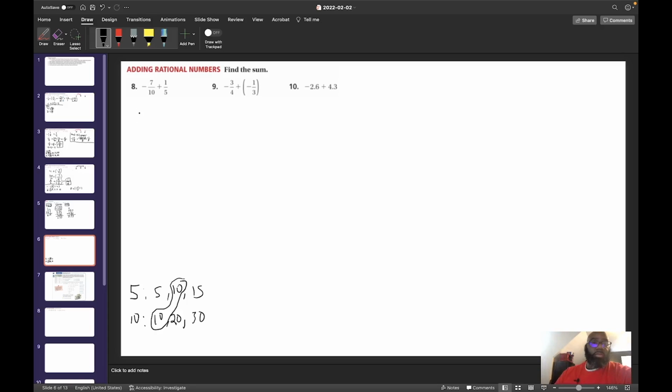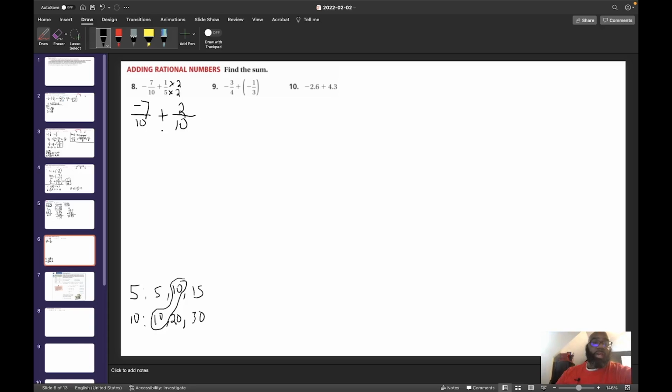So we'll rewrite this as something over 10 plus something over 10. For this one, we did nothing to the 10, so we can just keep the numerator. For this one we have to multiply by 2, because 5 times 2 gives us 10. 1 times 2 gives us 2, so that's 2 tenths.